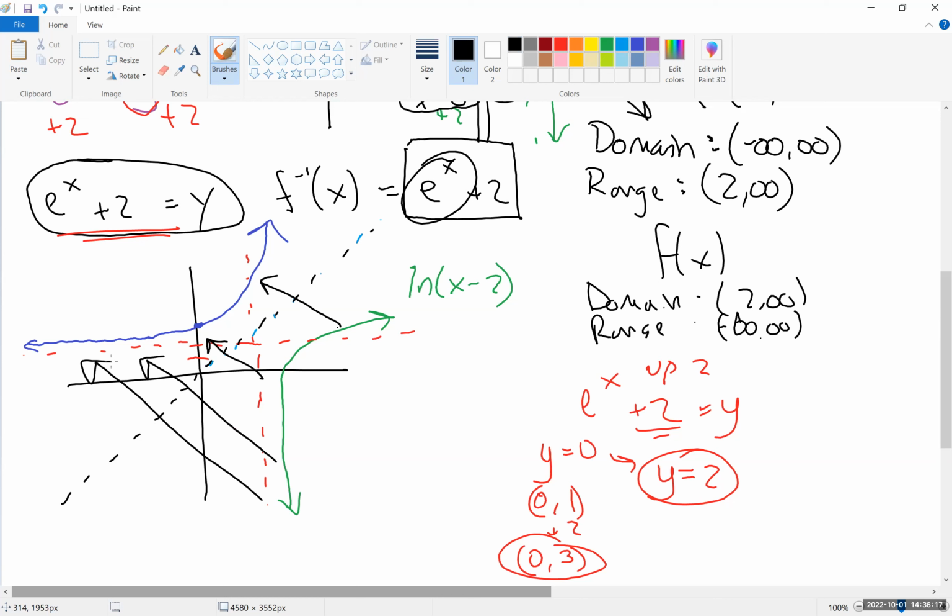So if you picture yourself folding that over the diagonal, it's supposed to land on top of itself. I'm not a perfect artist, so mine doesn't look exactly right, but hopefully you can get the idea of how that can look. But either way, it doesn't matter because we're not graphing, we're matching. So we need the one that has an asymptote at y equals 2 and goes through the point 0, 1.